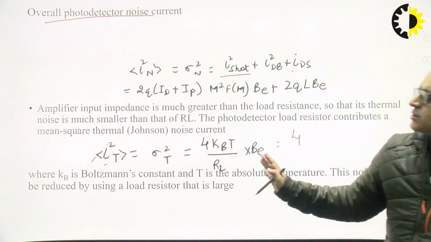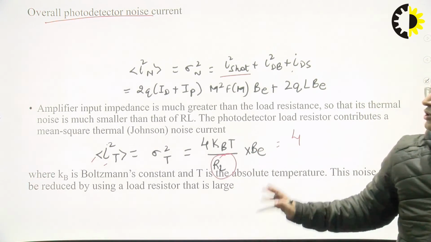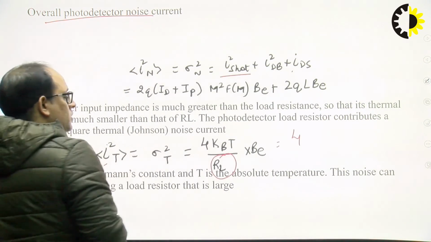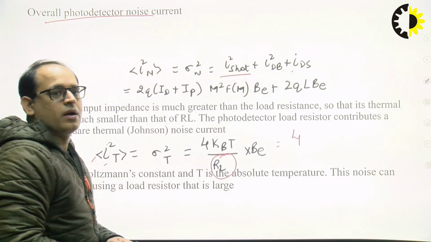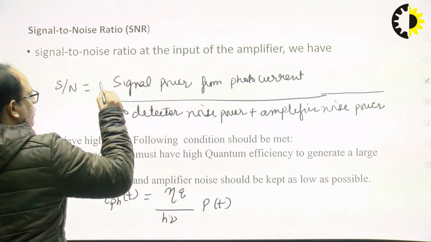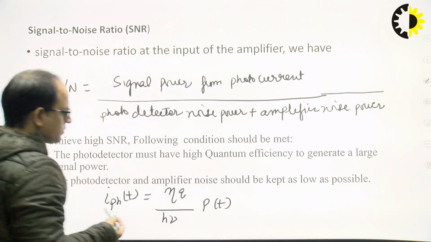So R_L plays a very important role in the noise due to the amplifier. The overall signal to noise ratio will be equal to the signal power from the photocurrent divided by the photodetector noise plus the amplifier noise.